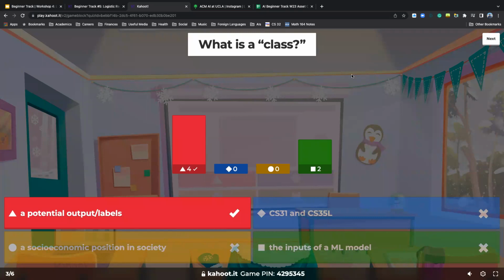It's like an output. So what are your options to choose from? I could ask why it's not green. Another question is why is it not the inputs of an ML model? Exactly. For example, a professor's Bruinwalk rating is not a class. You can't have a Bruinwalk rating as a professor.